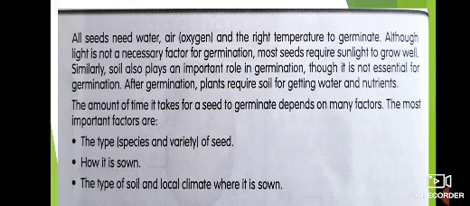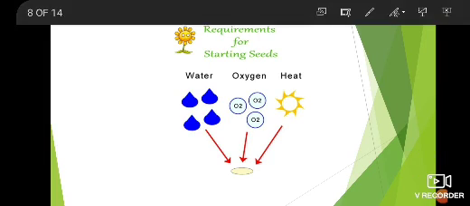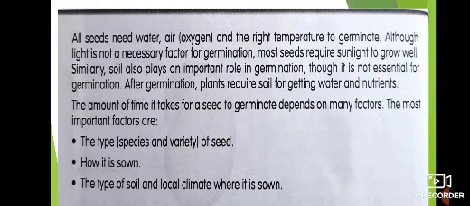So students, similarly soil also plays an important role in germination, though it is not essential for germination. As we all know, in the germination process soil is not necessary because at the initial stage it is not required. Shoot and root both are coming out from the seed.